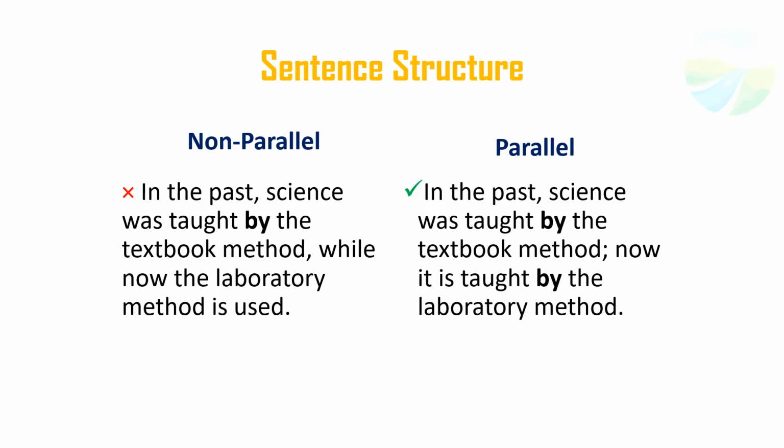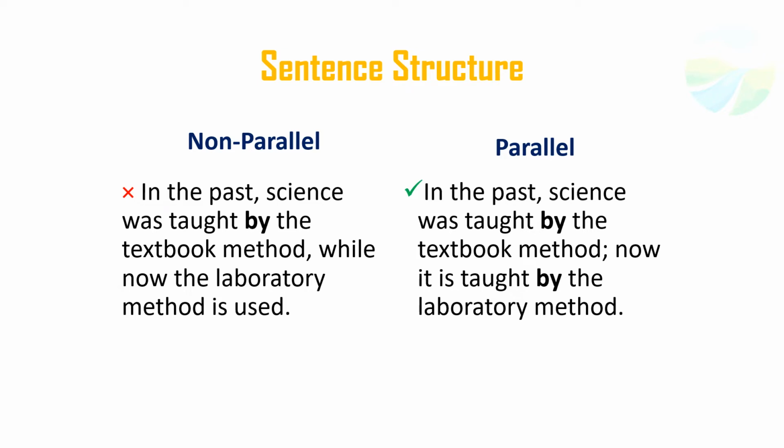You see, in the first sentence, teaching method is mentioned in the by phrase, which sometimes follows a passive voice verb. But the second teaching method, the laboratory method, is mentioned as the subject of the verb, which also happens to be passive. This puts an unnecessary strain on the reader, making it more difficult to register the information.